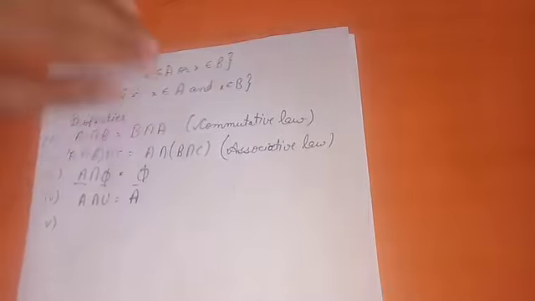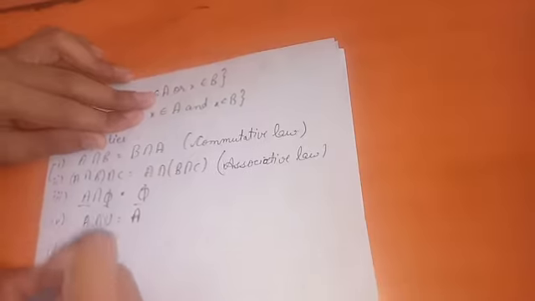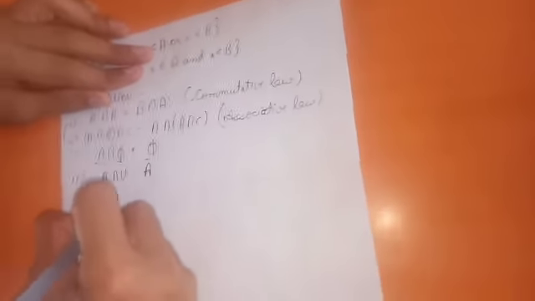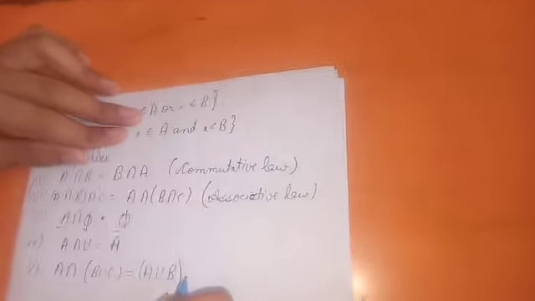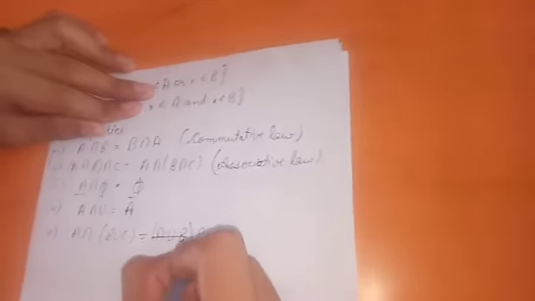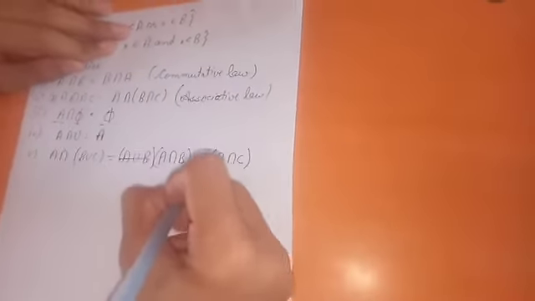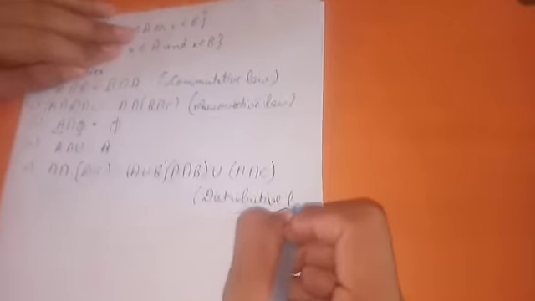Similarly here, A intersection with B union C will be equal to A intersection with B union A intersection with C. Okay, it is our distributive law.